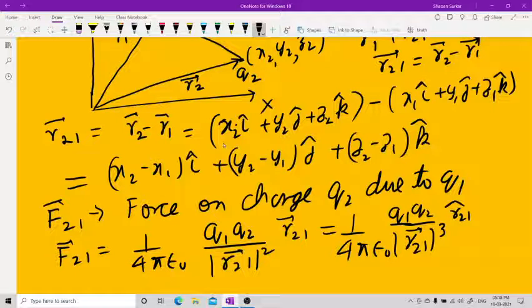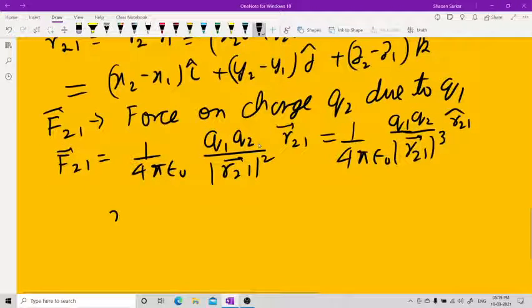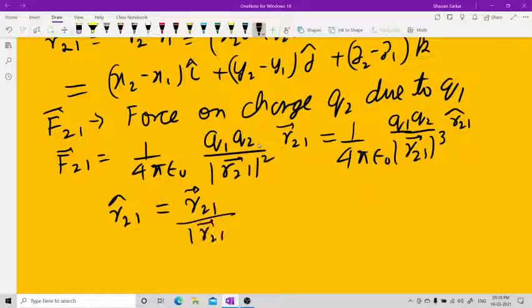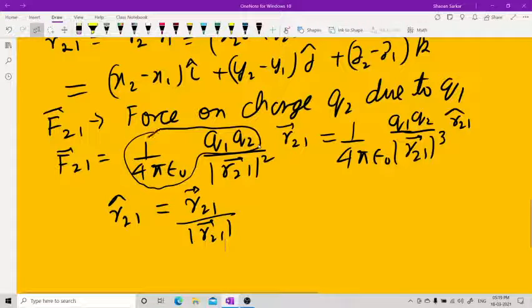Now what is r21 cap? You already know from my earlier videos that the unit vector r21 cap, in the direction of 2 with respect to 1, is r21 vector upon modulus of r21 vector. This much part is changing, the rest all remains the same.